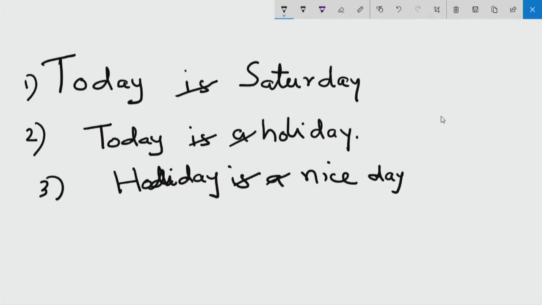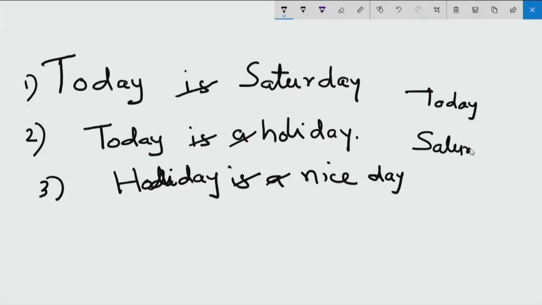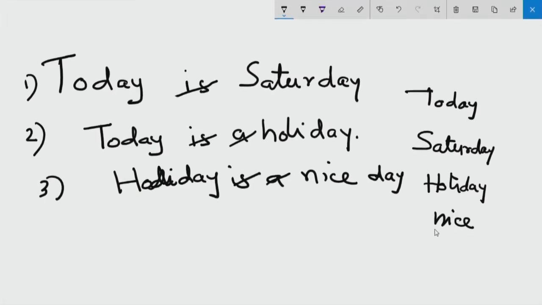For example, the words can be today, Saturday, holiday, nice, day. Suppose these are the words appearing in these sentences.